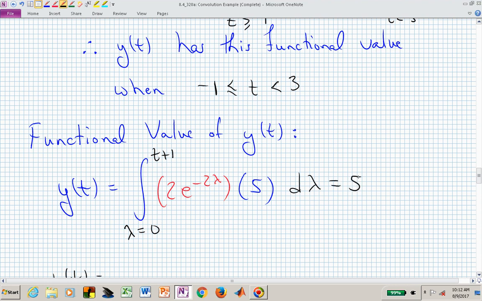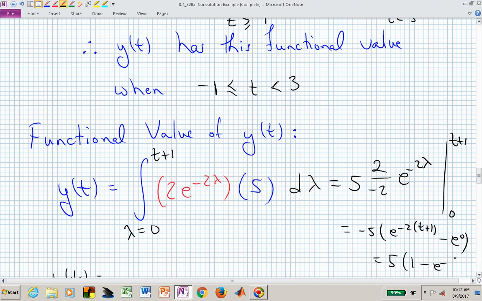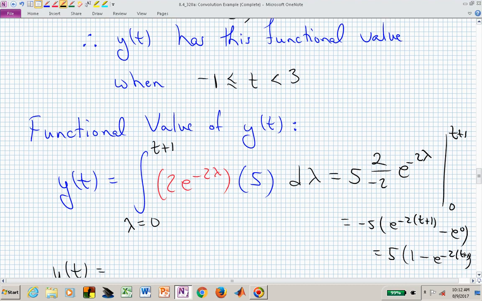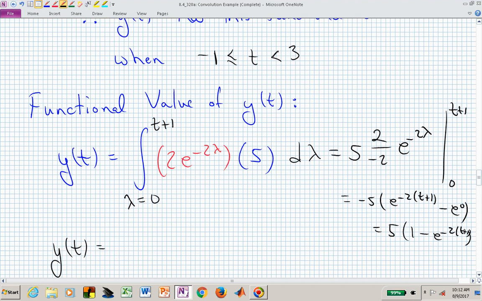So here we have 5, and then we have 2 over minus 2 e to the minus 2 lambda, and we're evaluating that at 0 and t plus 1, which says that we have minus 5 times e to the minus 2, t plus 1 minus e to the 0, or that's now 5 times 1 minus e to the minus 2, t plus 1.